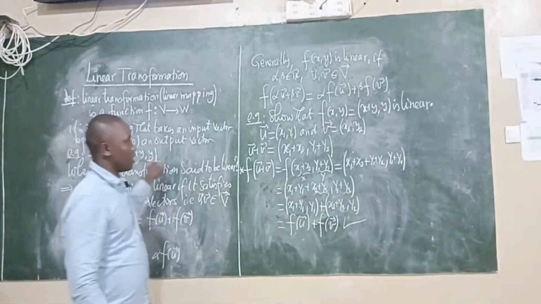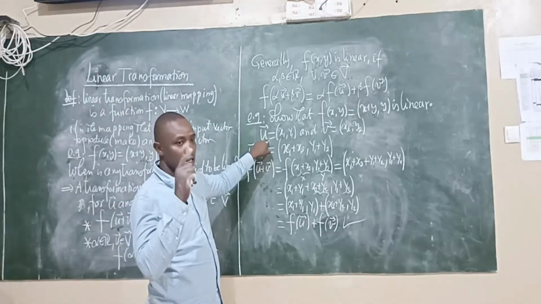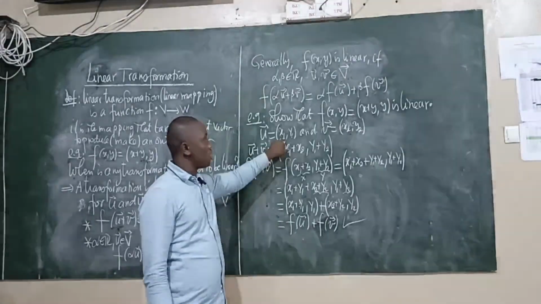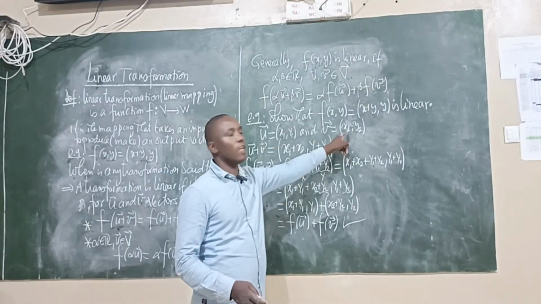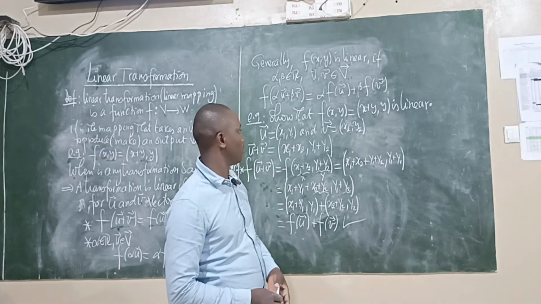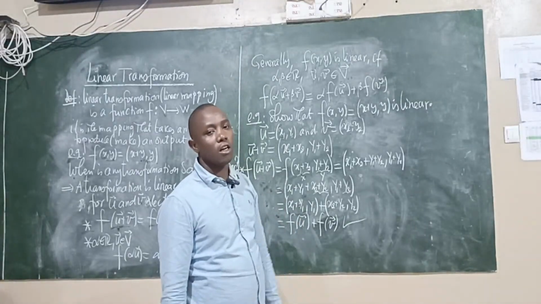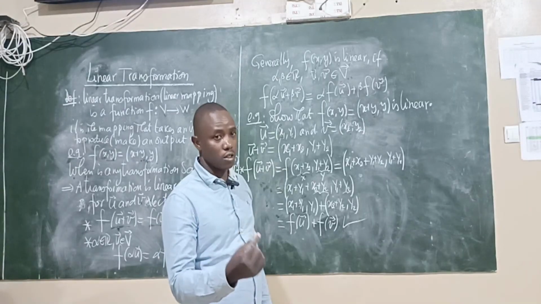To start, you let u be x1, y1. That means v must be x2, y2, intuitively. Or you can assume other values or variables of your choice.